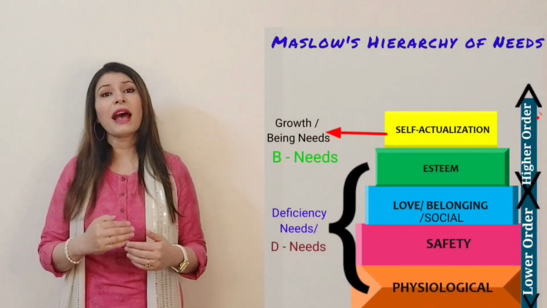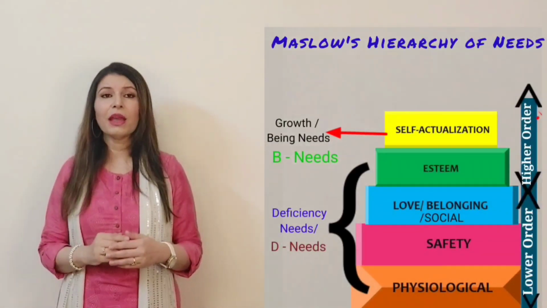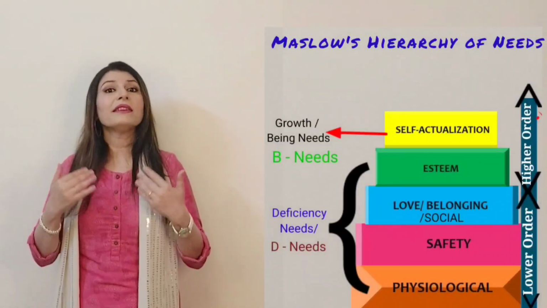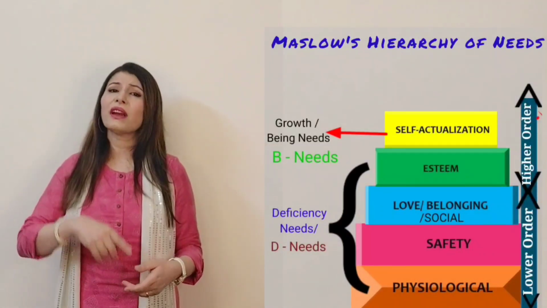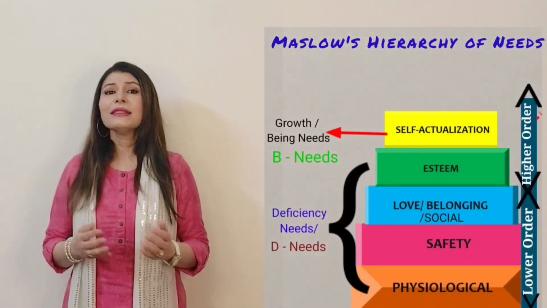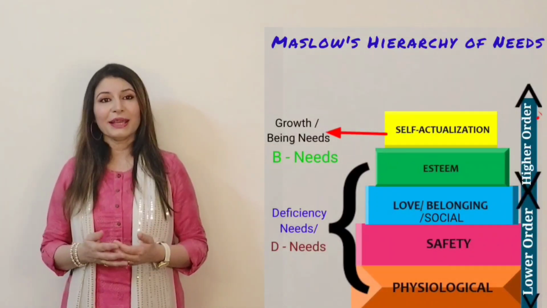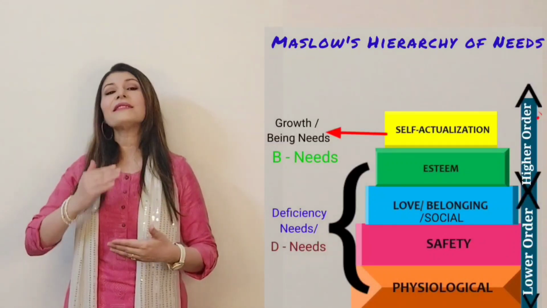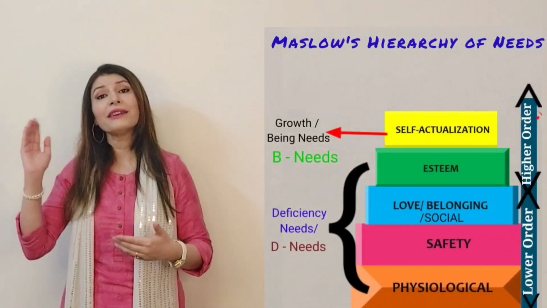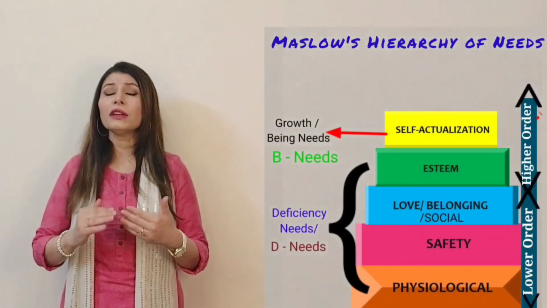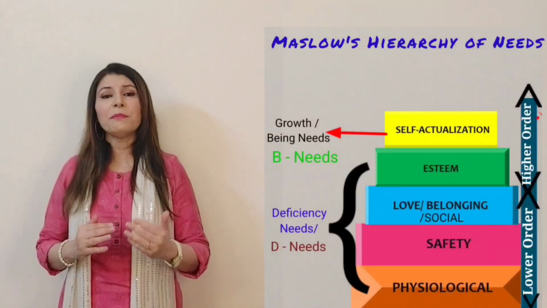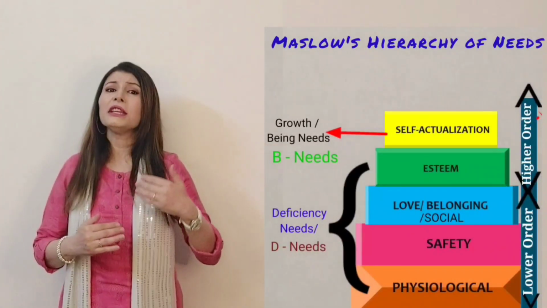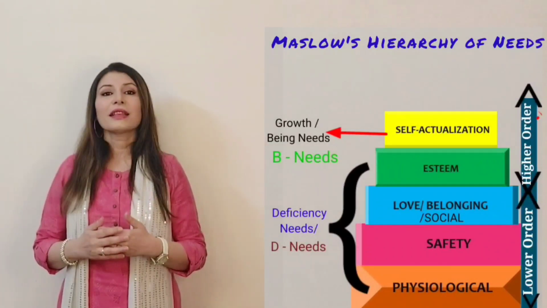But if a person has these being needs within them, they want to grow as an individual and reach their highest potential. Just like when we play mobile games, after achieving success at one level, we play the next round, which is of a higher difficulty level. And after achieving success there, we play another round of an even higher difficulty level.